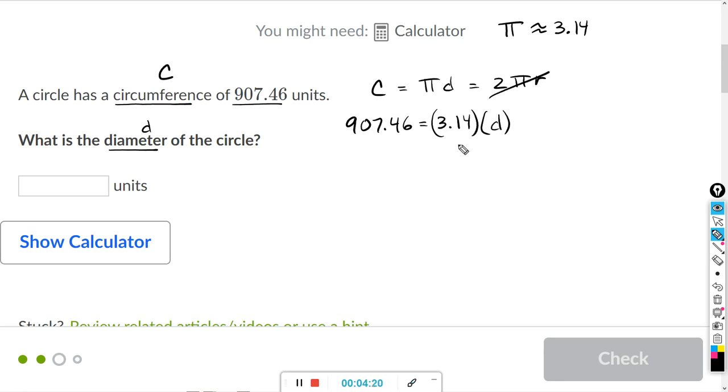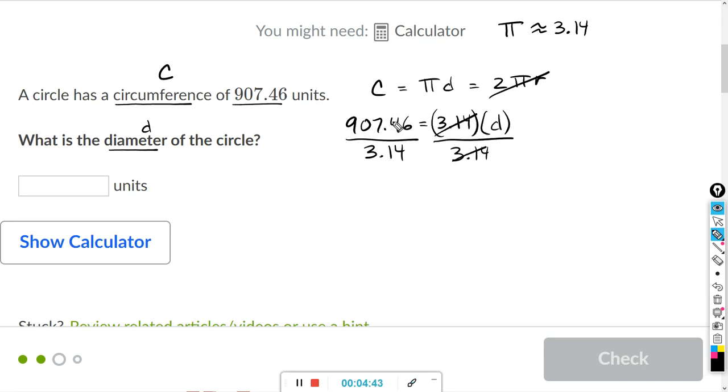So these are multiplied. In order to solve for d, I'm going to divide both sides by 3.14. So do the same thing to both sides. On the right-hand side, 3.14 over 3.14 cancels, and we're left with d.